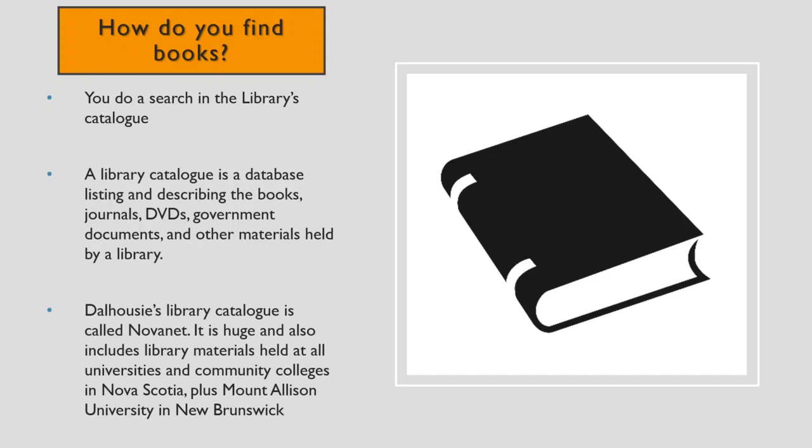So NovaNet is a very large library catalog, and it means that you have a vast amount of information available to you. You are not just restricted to what we have at Dalhousie University, but the resources of the universities and colleges in Nova Scotia, as well as Mount Allison University in New Brunswick, are available to you.